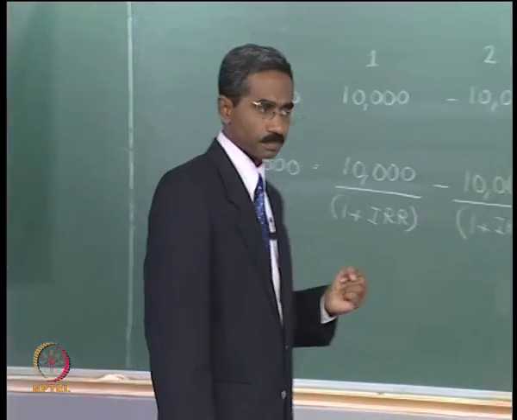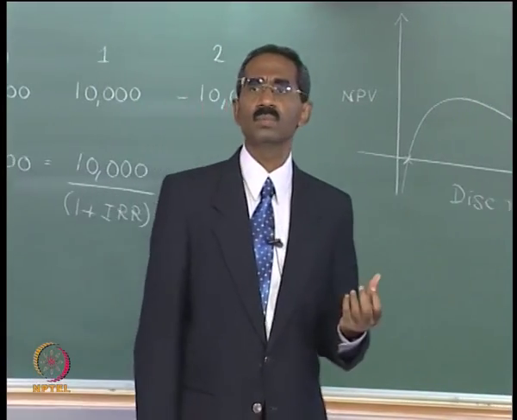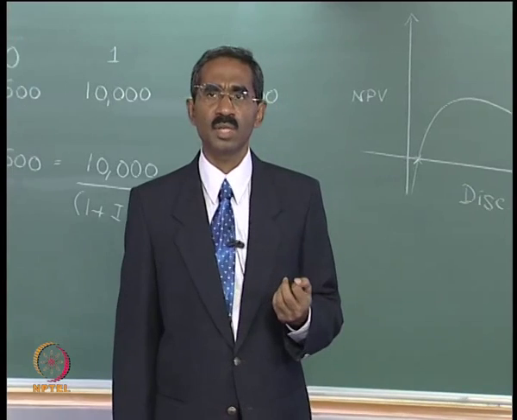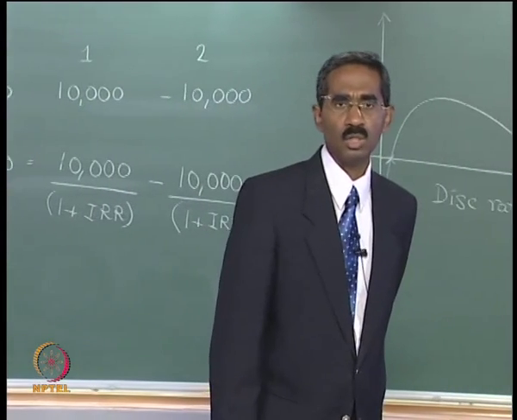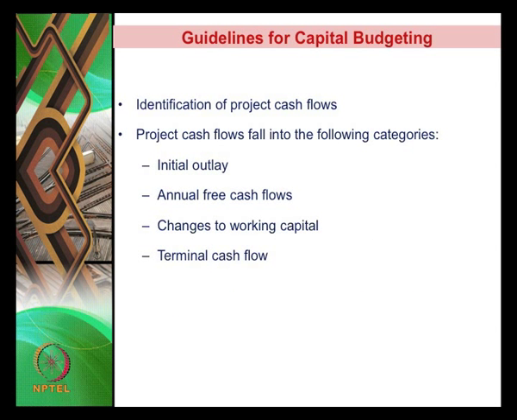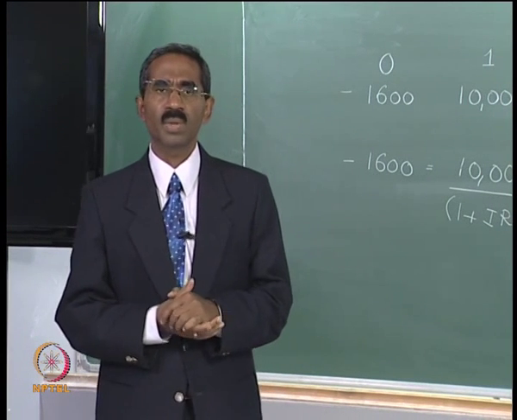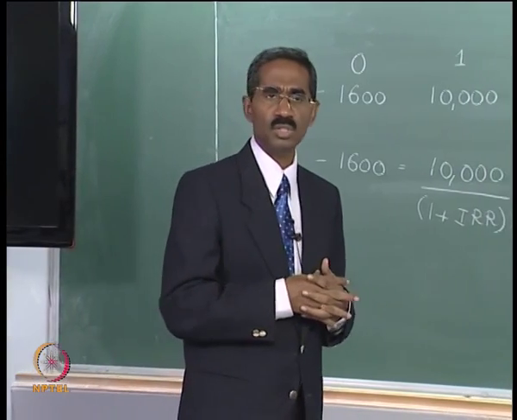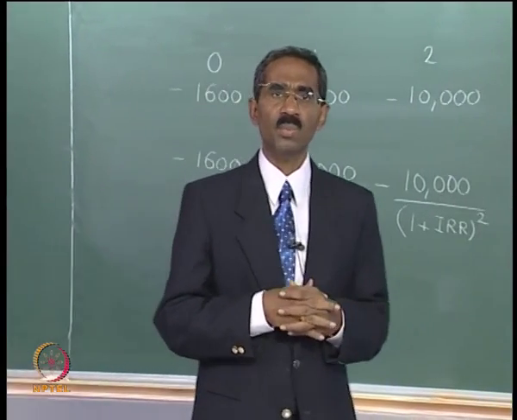With these few observations on internal rate of return, let us go to the topic of the day, which is how you identify the cash flows. In a sense, what we will talk about today is capital budgeting guidelines. The first task that begins a capital budgeting exercise is to identify the project cash flows.